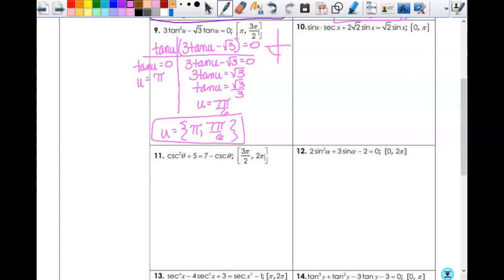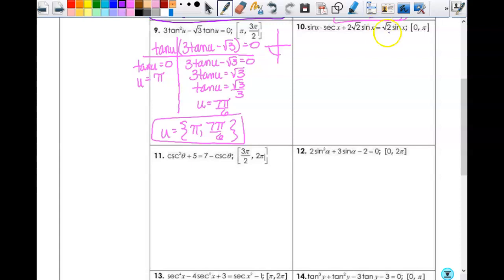Number 10, sine x secant x plus 2 square root of 2 sine x equals square root of 2 sine x. What do you think we could do first here? I would set it equal to 0. Before you factor out a GCF, you want to get everything on one side.